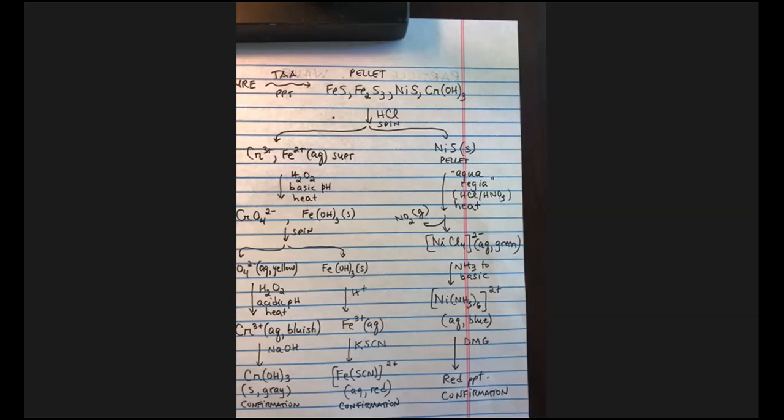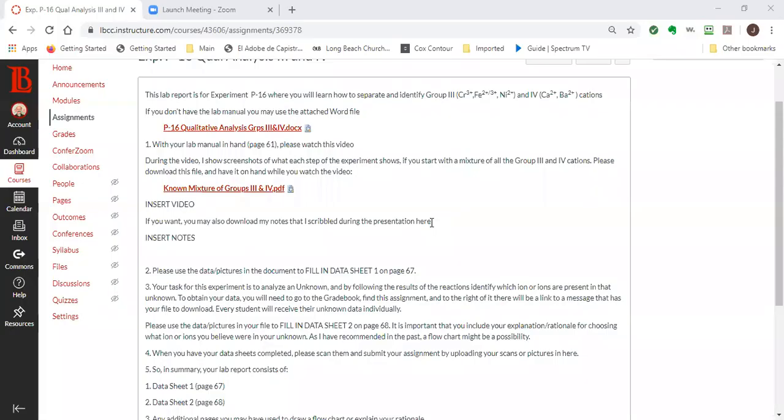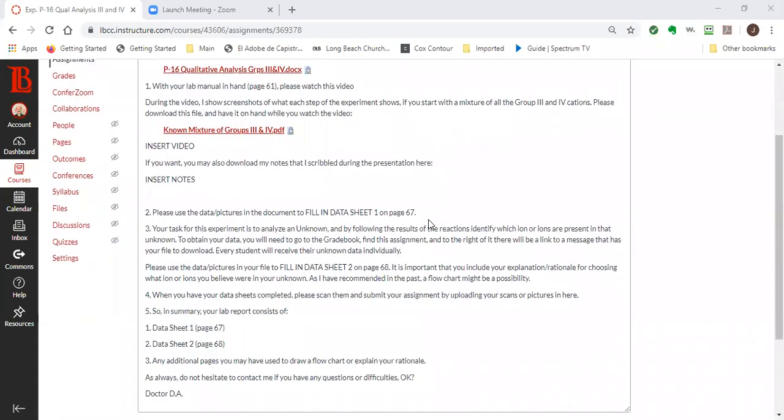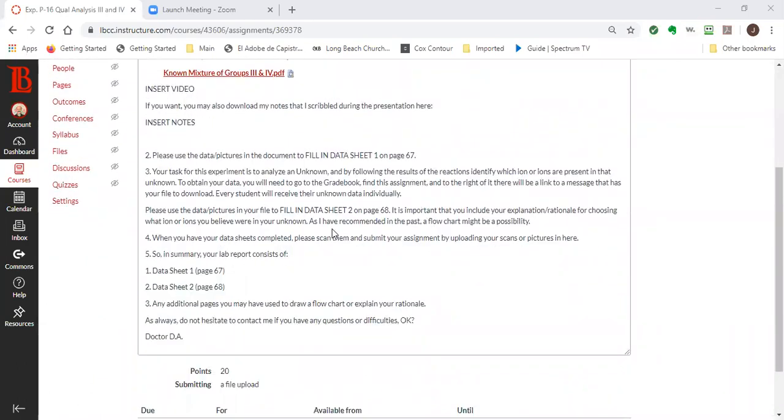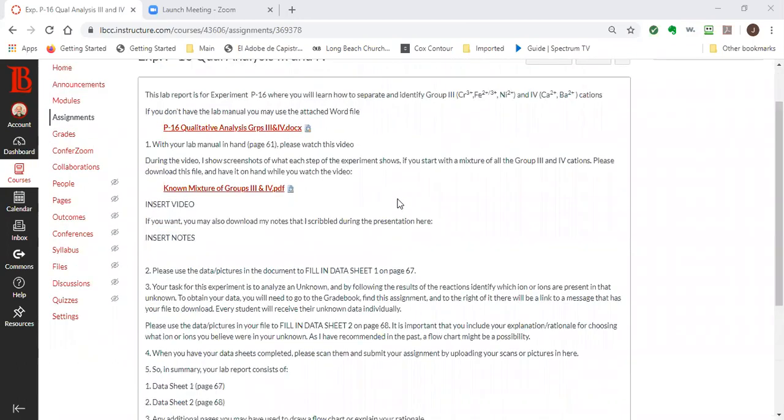In your Canvas assignment box, you are going to receive a message with a file that has an unknown, all right? So you look at step 3 over here. Remember that the way this works is you go to your grades, your gradebook page, and I'm showing here the instructor version.